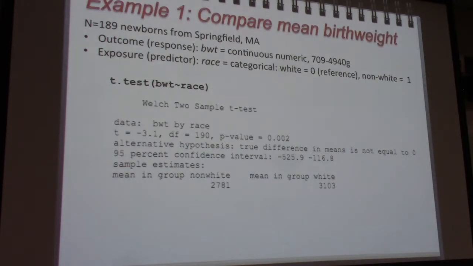So firstly, I want to say something that's basic and fundamental to the topic. We've looked at these 189 newborns from Springfield, Massachusetts, and we've done a t-test to look at the relationship between the mean birth weight, comparing it in our race categories. And you'll recall when we had two race categories, non-whites were 320 grams lighter, the t-statistic was 3.1, and the p-value was 0.002.